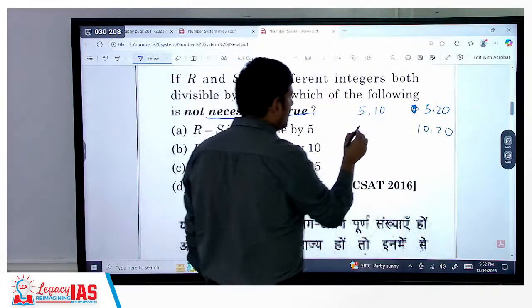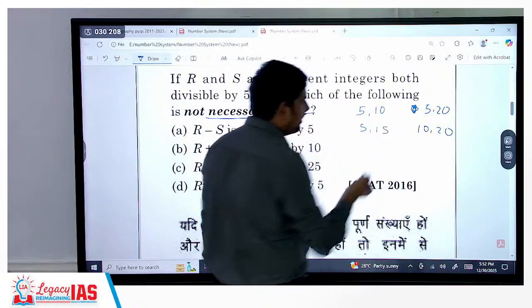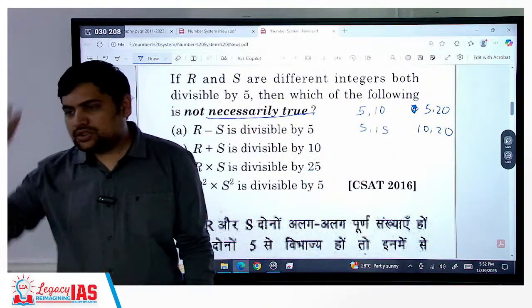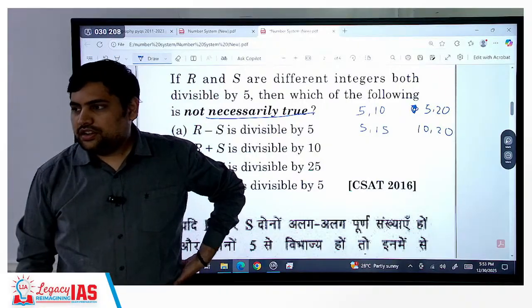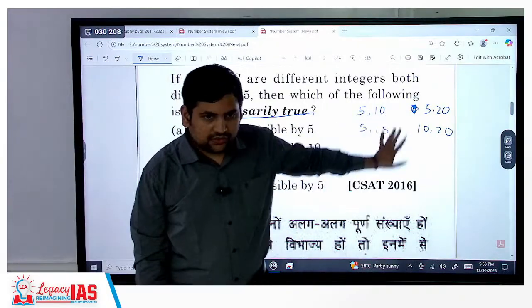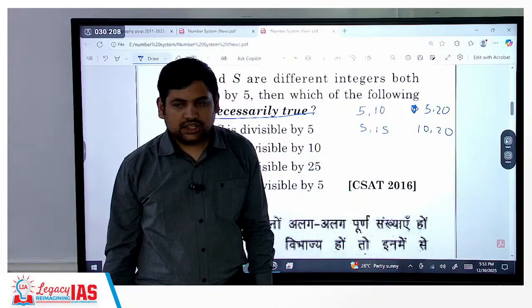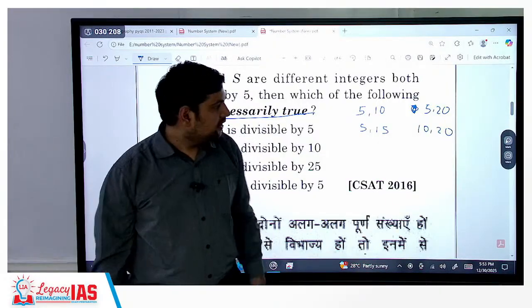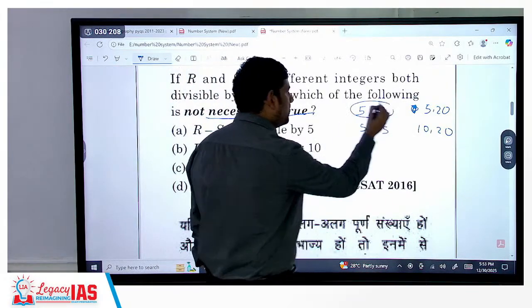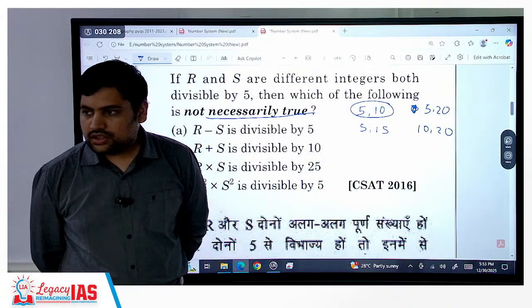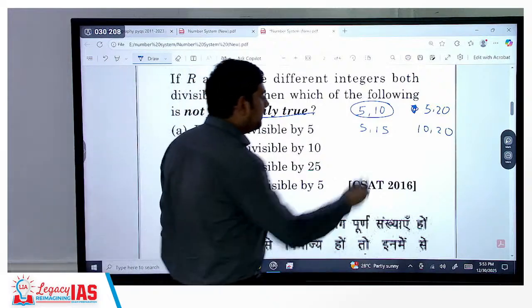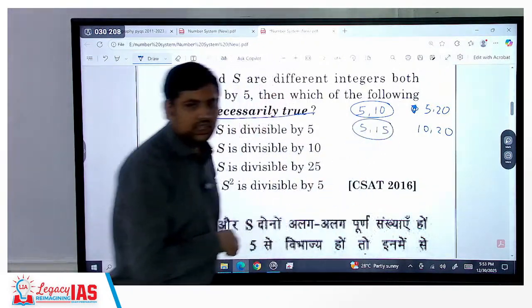I can also take it as 5 and 15. Now, which two should I choose? Usually we have to choose two of them to check. Let's say I choose one, this. Then the other should be 5 and 15.